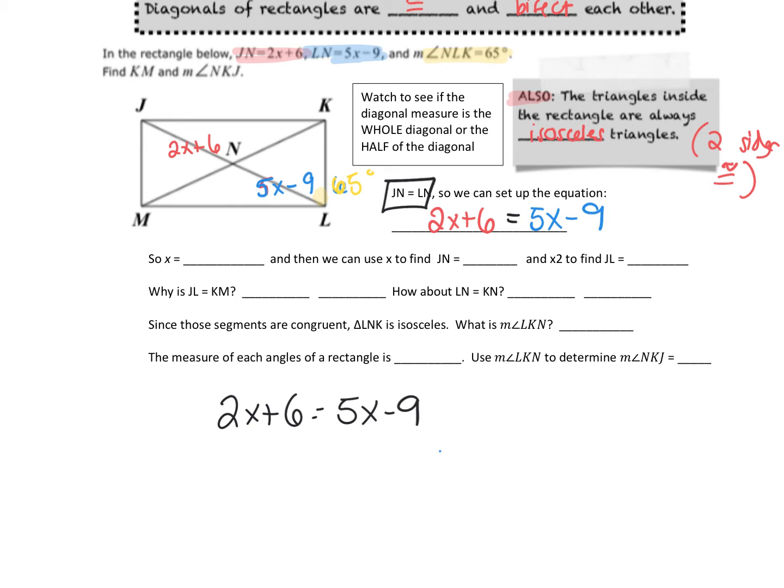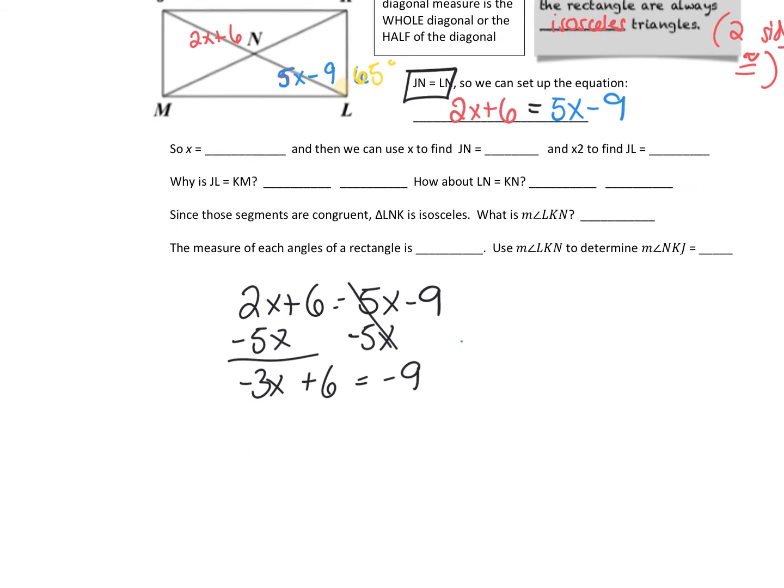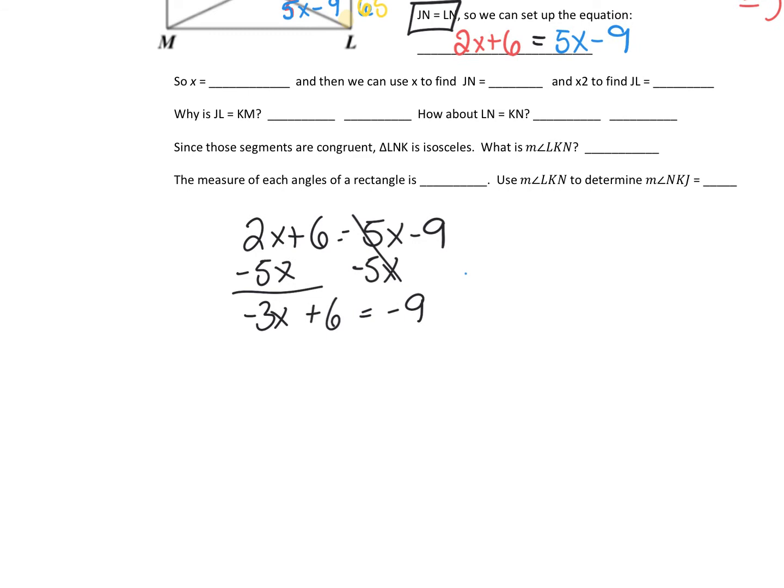So first thing I want to do is get my variables onto the left side. So I'm going to subtract 5x from both sides. 2x minus 5x is negative 3x. Still have a plus 6 and still have equals negative 9. And then from there, I'm going to subtract my 6 from the other side of my equation.